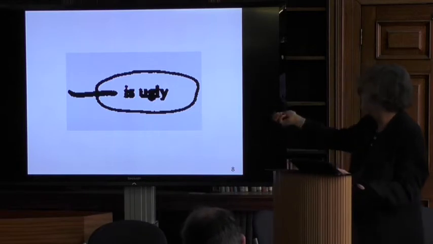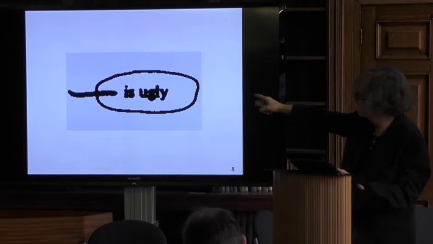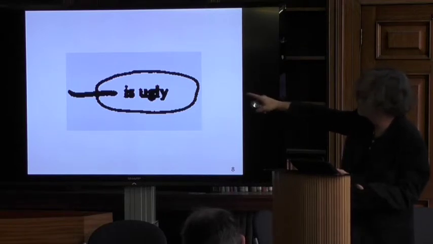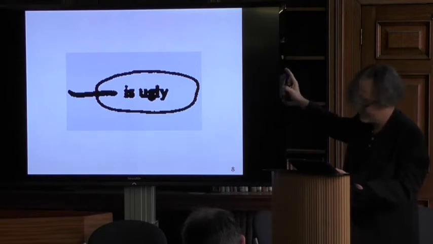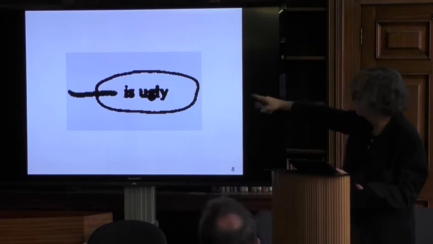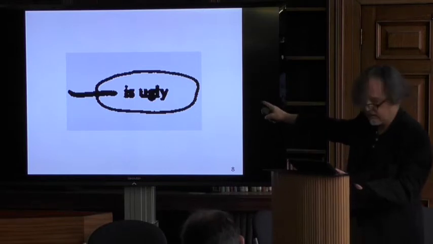So that's basically it. The line means it's something because it's not enclosed itself, rather than everything if it's enclosed. And the circle that you see is a sign for negation, so it means something is not ugly.